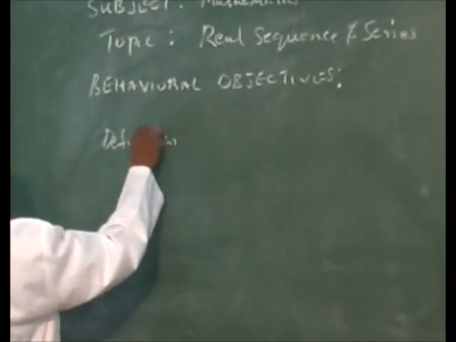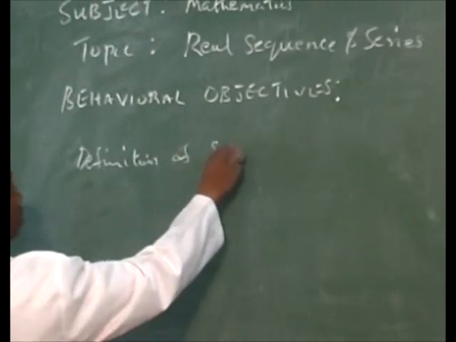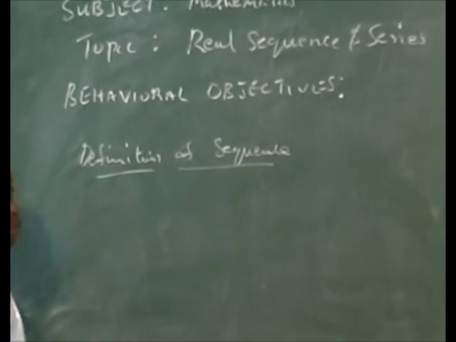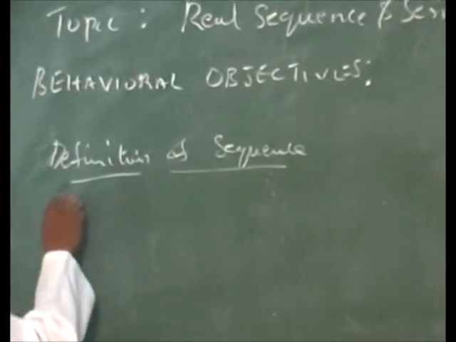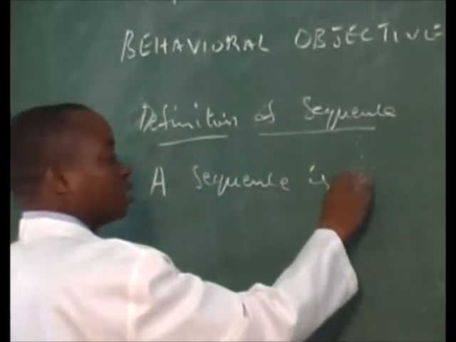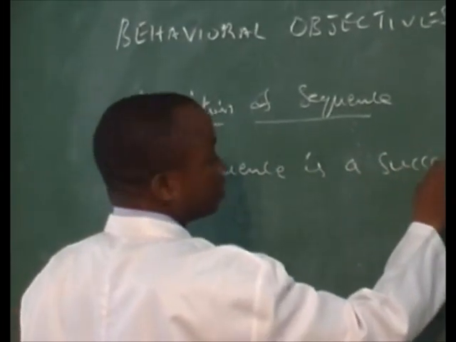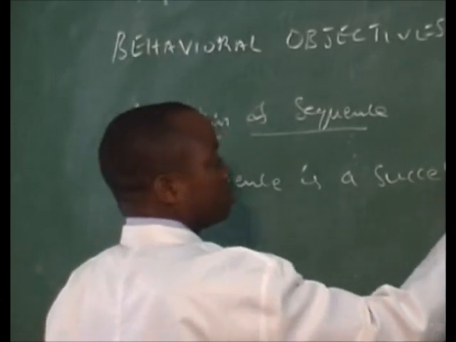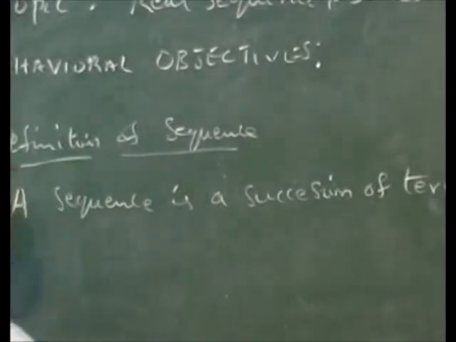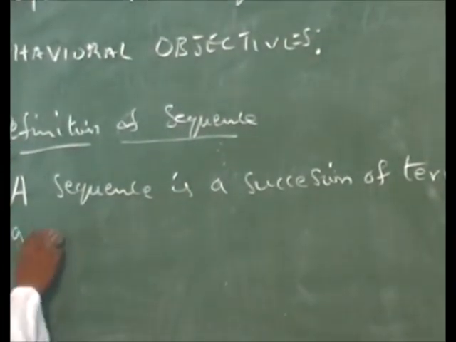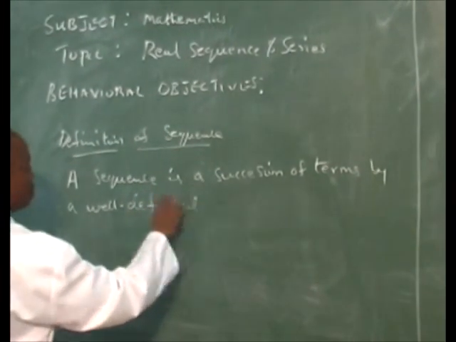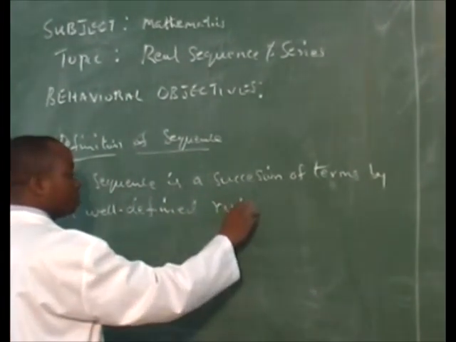Definition of sequence. A sequence is a succession of terms by a well-defined rule.